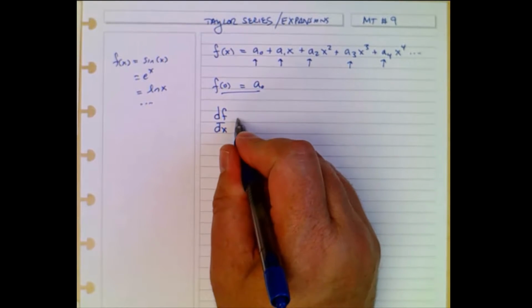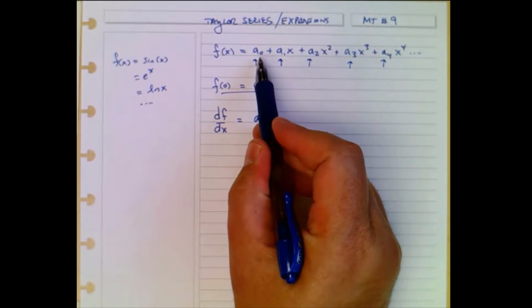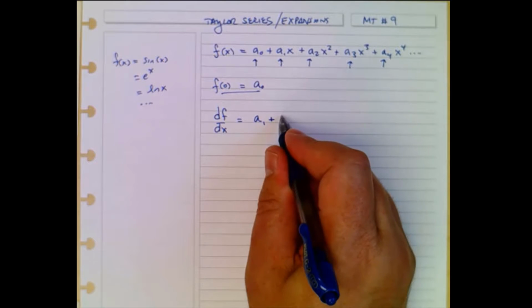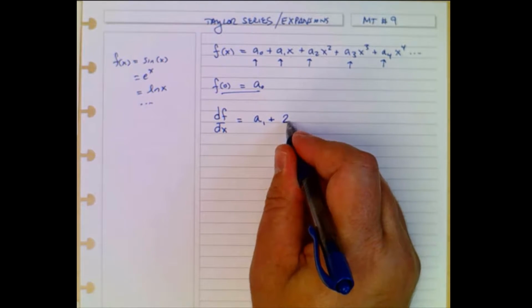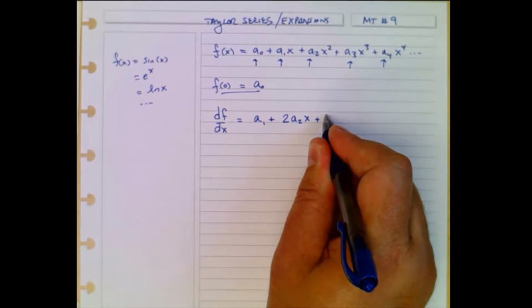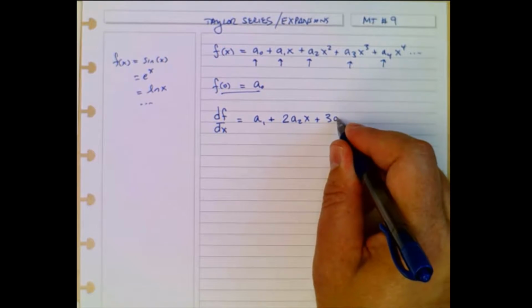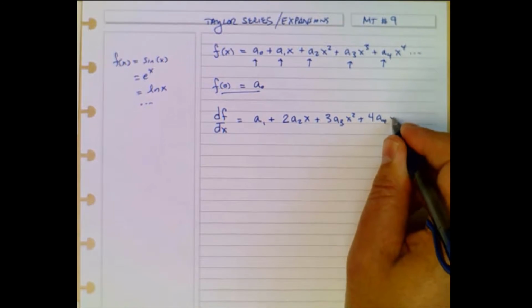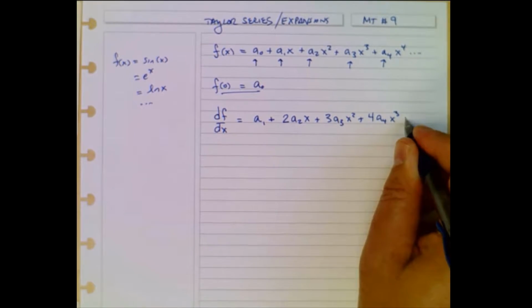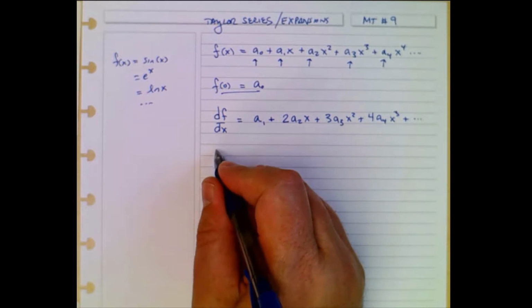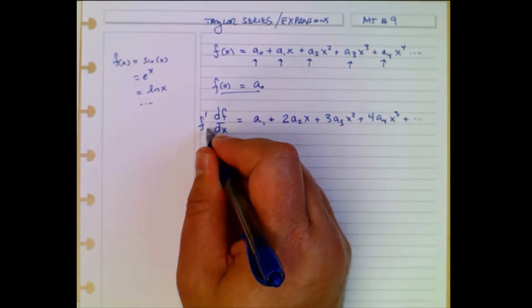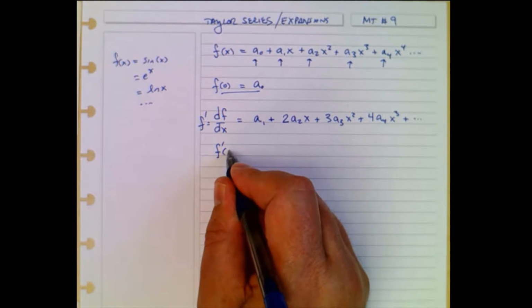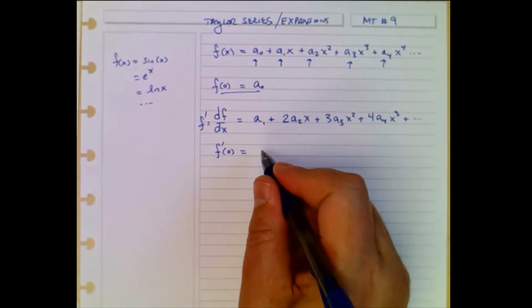Derivative of f with respect to x is a naught goes away, a1 is left behind, and a2 is accompanied by a 2, so 2a2x plus 3a3x squared plus 4a sub 4x cubed, and so on. If I evaluate at 0, so I'm going to call this f prime. That's just another notation. So f prime at 0 is equal to a1.